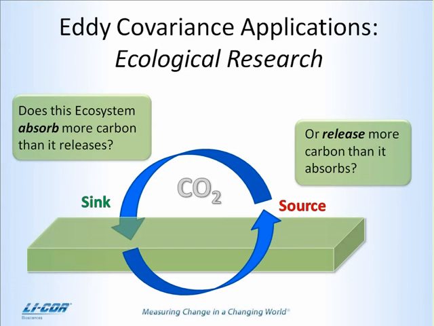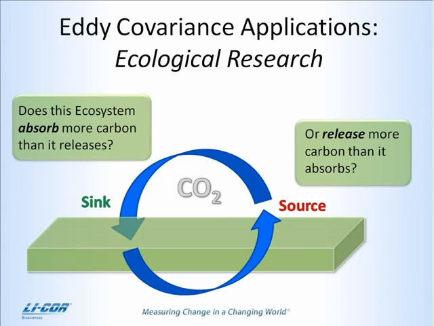The first one is probably the most common utilization for Eddy Covariance towers, and it's for ecological research. For example, if a researcher is asked to examine a particular ecosystem and answer a couple of questions: over the course of the year, does this ecosystem act as a sink or a source?